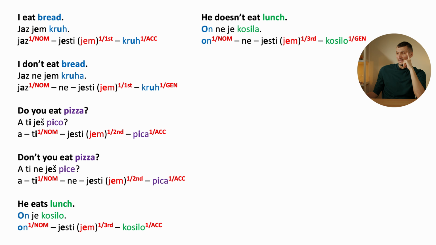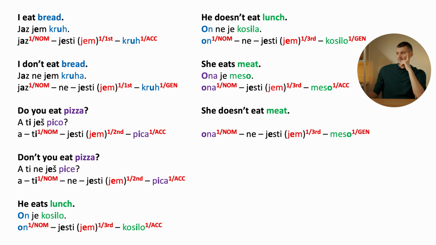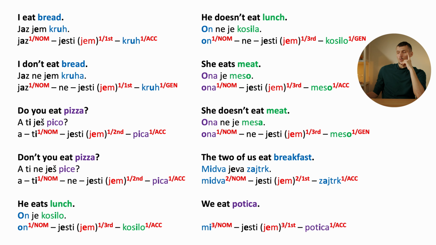On ne je kosila. She eats meat. Ona je meso. She doesn't eat meat. Ona ne je mesa. The two of us eat breakfast. Midva jeva zajtrk, and we eat potica. Mi jemo potico. So again, go over all of these, see if anything is unclear, and feel free to let me know.